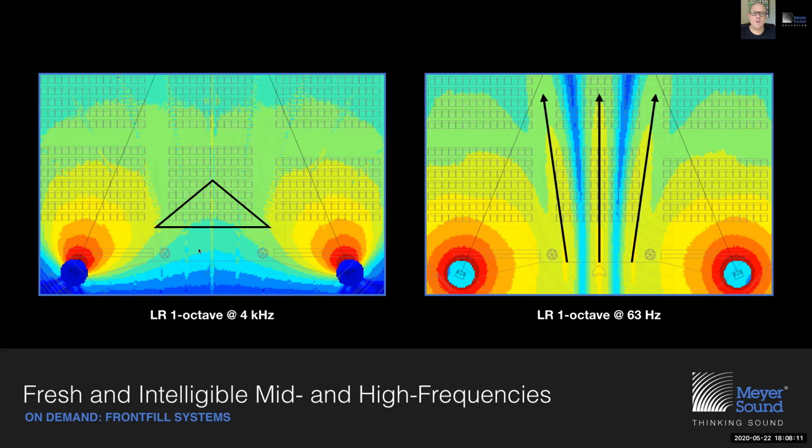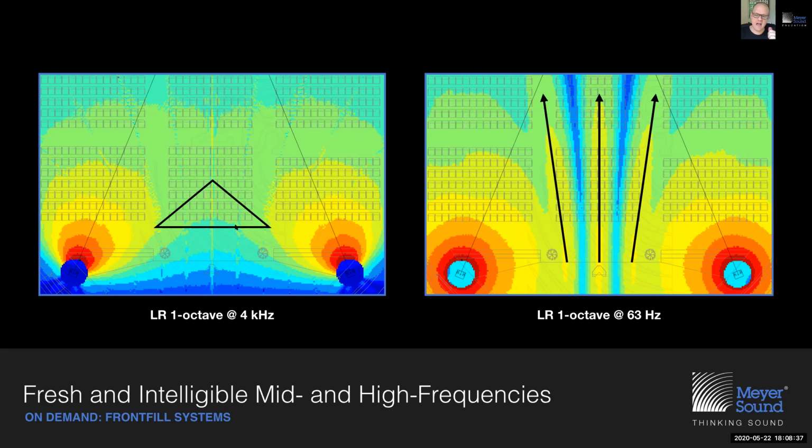There's this typical triangle, this region, where you are underexposed, where left and right haven't met each other yet. You have to venture further towards the back of the room before that gap is closed and left and right meet each other in the middle. So that's a very common area where we are lacking fresh and intelligible mid and high frequencies.